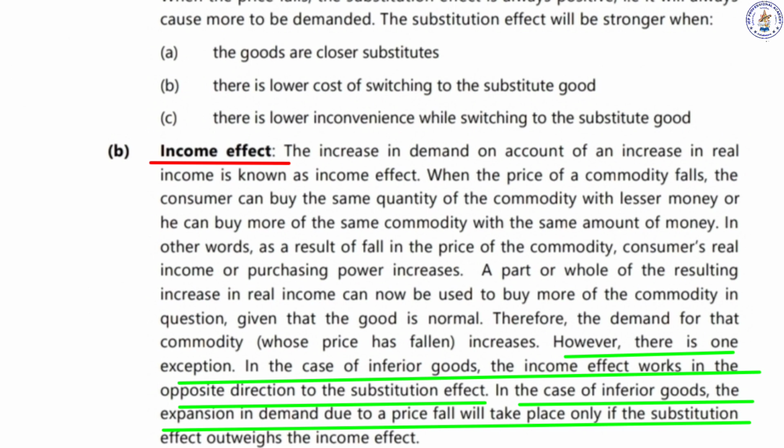When income increases, generally the consumer would tend to buy more of the product. That is what is called the income effect. These two, substitution effect and income effect, come under the price effect for the law of demand curve to slope downwards.